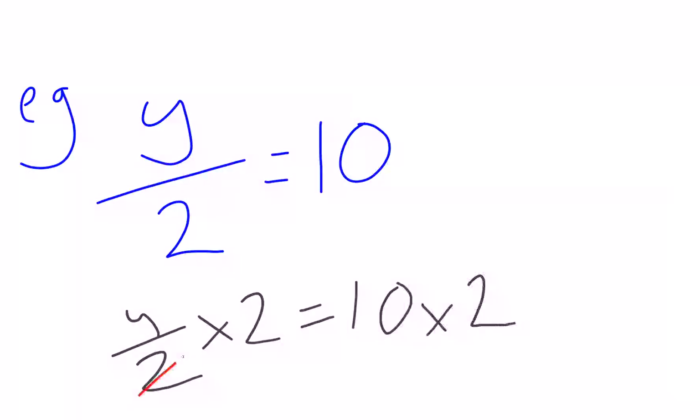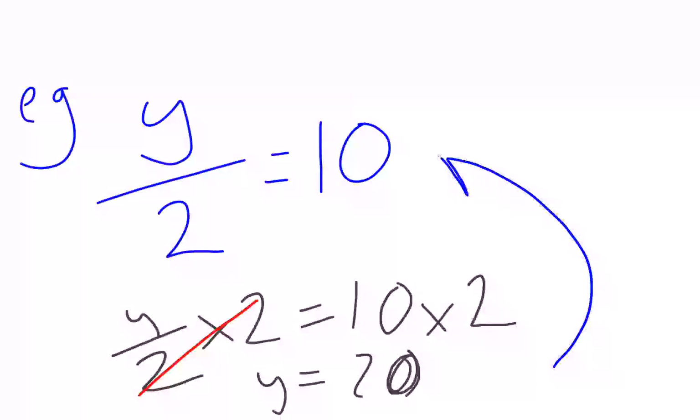Divided by 2 times 2 cancels out. So y equals 10 times 2, which is 20. Substituted into check, that's 20 divided by 2 equals 10. We're correct.